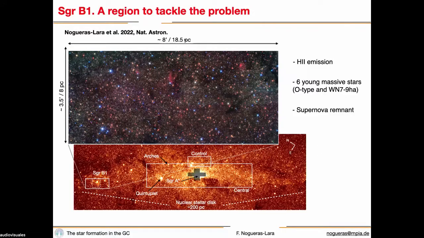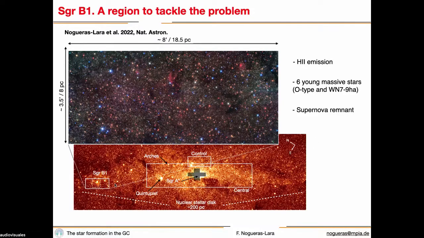As you can see, we have some bubbles here and here as well, also here. And this indicates that maybe we have hot stars there that are going to be young, and something could be happening here. We also have 6 young massive stars that we already knew, part of these stars in isolation that I showed before. And we also have a supernova remnant nearby, like here, more or less.